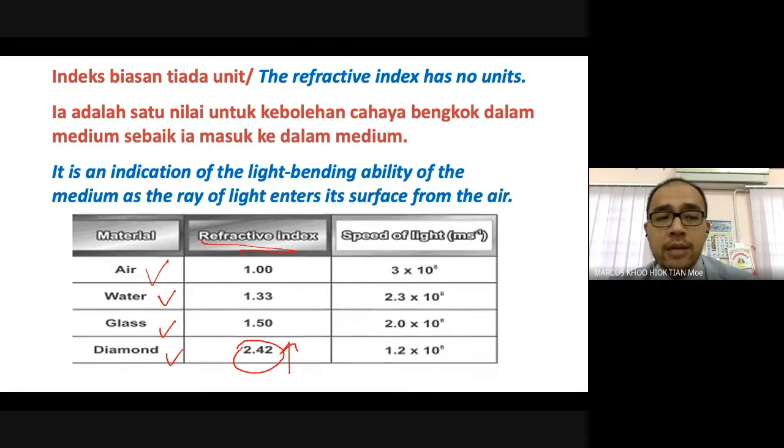Air is basically everywhere, so air is definitely 1. Look at the speed of light. The speed of light in diamond is very slow, 1.2 times 10 to the power 8, compared to water, glass, and definitely air. Very low speed of light, very high refractive index.